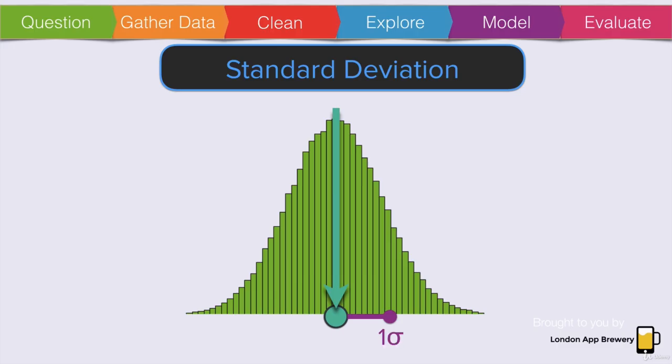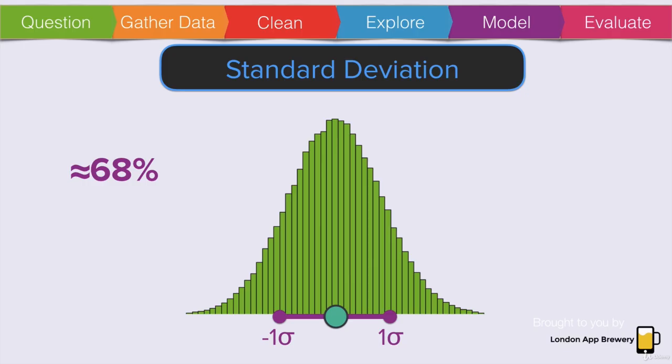Now, what about the other points that I had drawn on here earlier? Well, the left purple point is at minus 1 standard deviation from the mean. And for a normal distribution, as we said before, around 68% of all the observations lie between minus and plus 1 standard deviation.